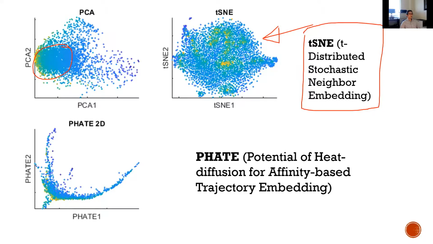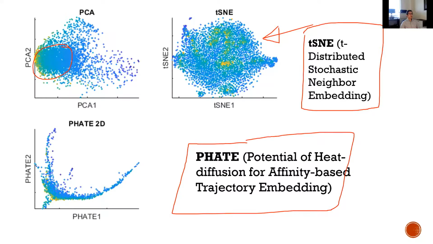As I said, most recently, we have a new algorithm called PHATE. And for exactly the same set of data, PHATE creates a two-dimensional representation of your cells like this. There are some advantages to this.